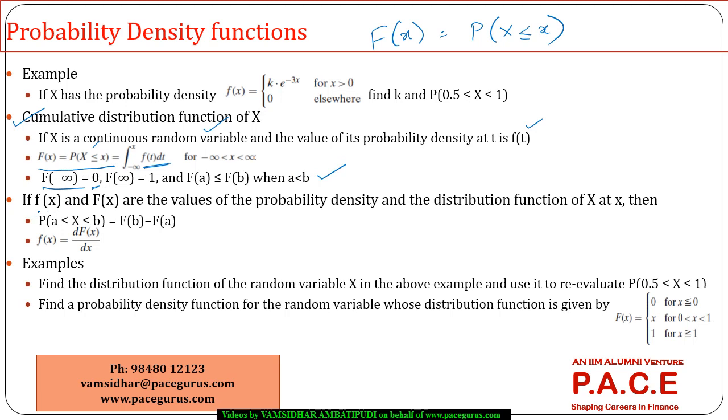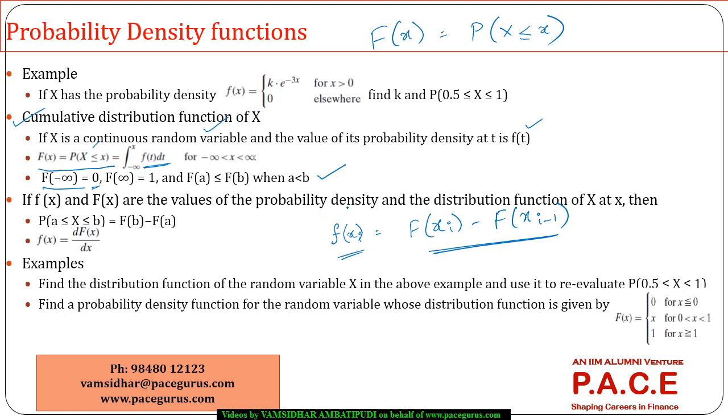And one small thing, in case of discrete, when I had F of xi, I took it as F of xi minus F of xi minus 1. That is what we have done to get individual probabilities from the distribution functions in case of discrete.